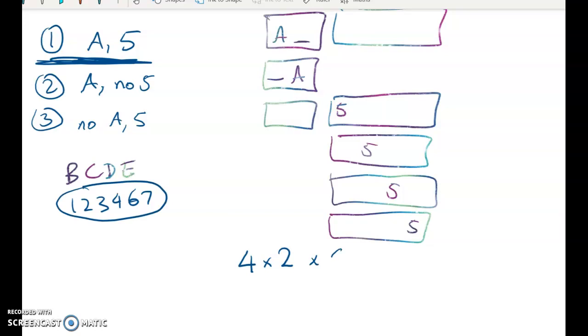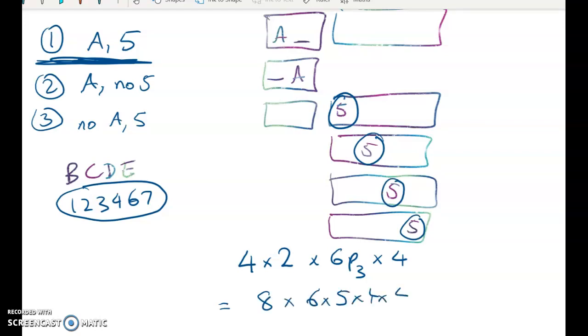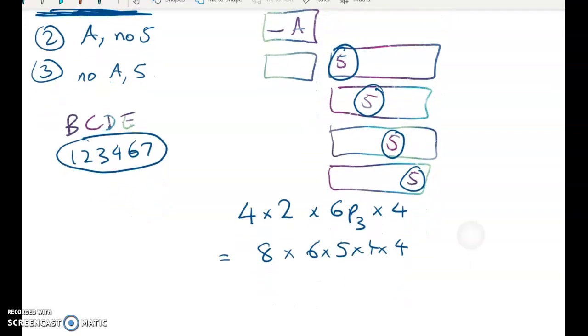So it's going to be 6P3, and then I've got a times by 4 because the 5 could be sitting in 4 positions, right? So that gives me 8 times 6 times 5 times 4 times 4. And when I times all that together, I get 32 times 120, which gives me 3840. Okay, so that's for case 1.